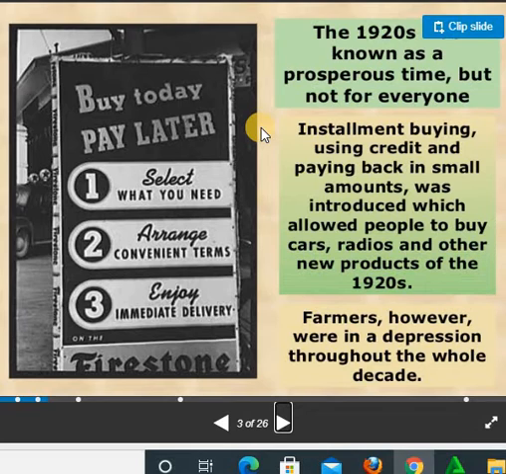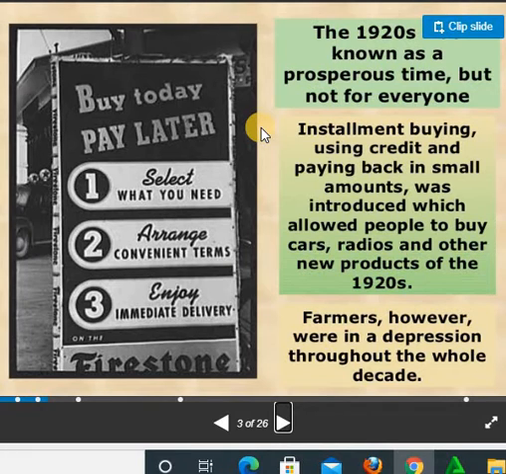However, those who felt that this was a prosperous time in America were able to experience this because there was a system of installment buying which was introduced in America, and this allowed people to buy items that were regarded as luxury goods, for example, cars and radios.